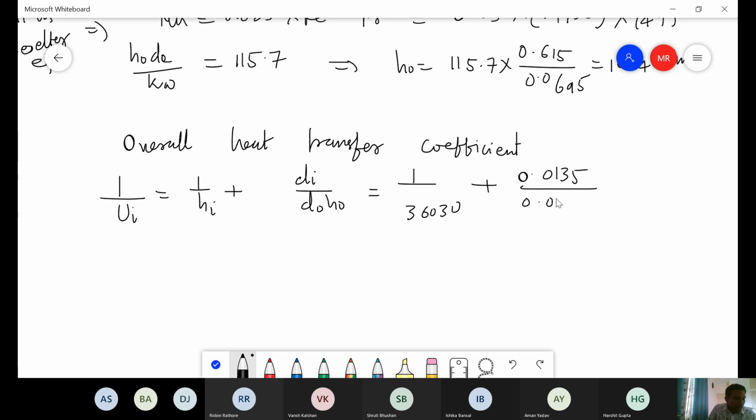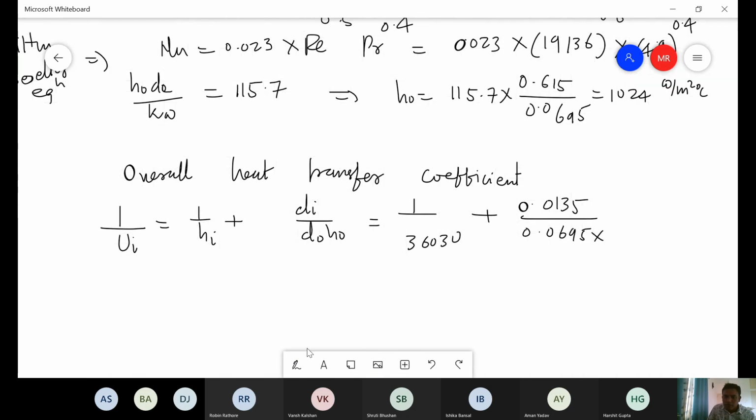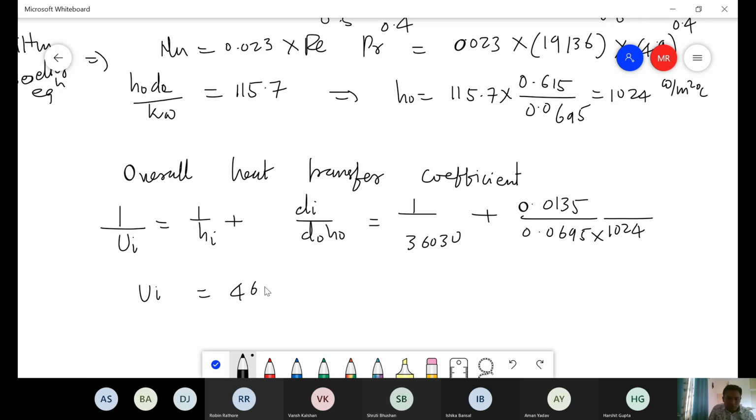So that becomes 0.0695 into H naught is 1024. So this comes out to be UI comes out to be 4600 watt per meter square degree Celsius.